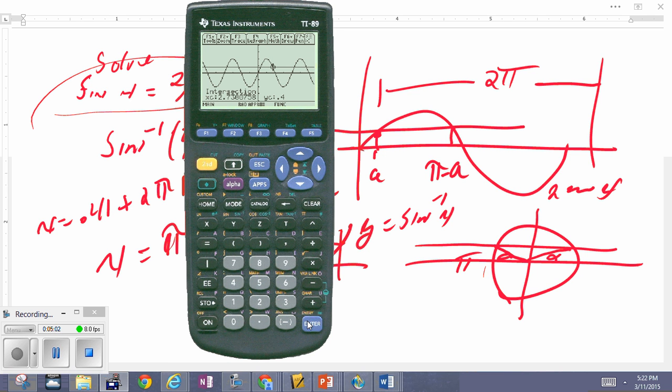That reports to be 2.73, which I can almost guarantee you is the pi value less this value that we found up here previously. So let's put that in. And there it is, 2.73, confirming that that is the same thing that we got over there.